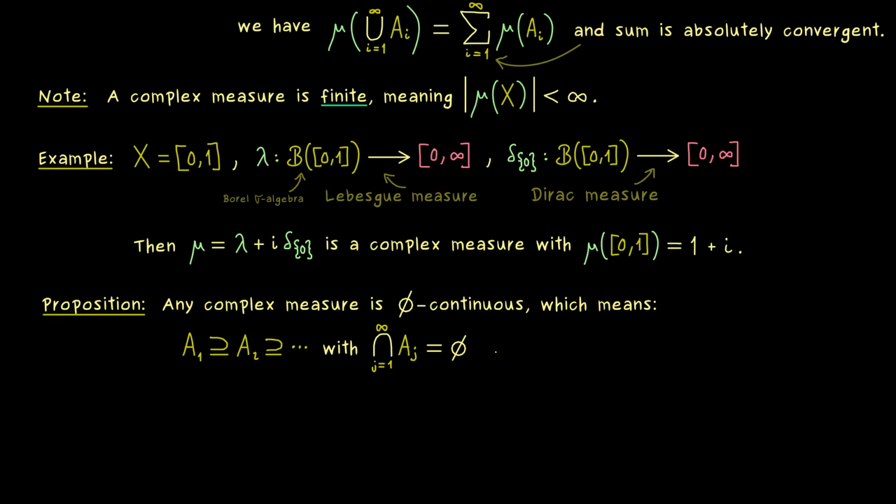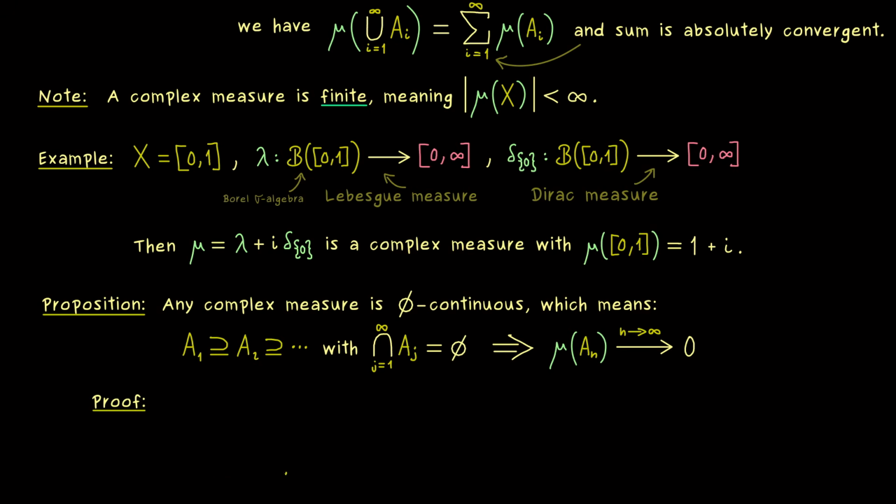And as we already know, the measure of the empty set should be equal to 0. In other words, we get this convergence for any sets from the sigma algebra that are decreasing in that sense. And this is an important property that we will definitely use later, so let's prove it.